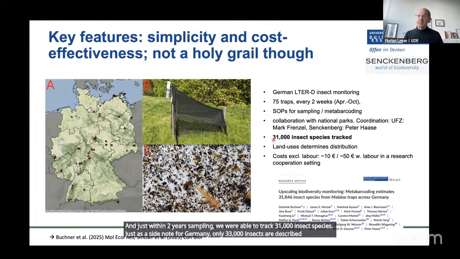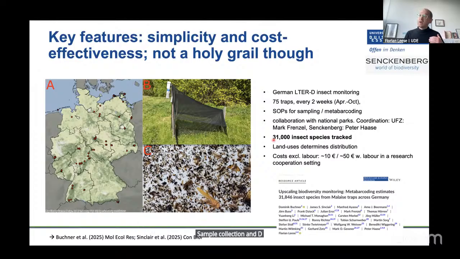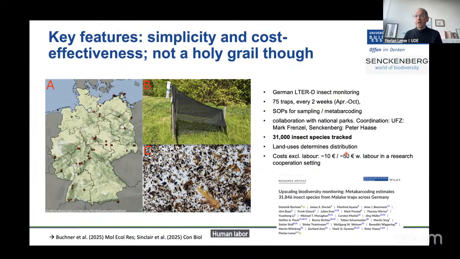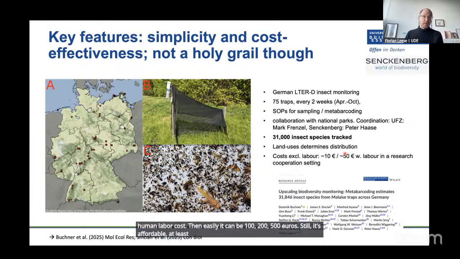So with that fantastic sample collection and DNA-based assessment tool, we can assess almost the majority of the insects occurring in Germany. And the costs, just the laboratory costs, are quite low, 10 euros. Then, of course, you need human labor cost, and then easily it can be 100, 200, 500 euros. Still, it's affordable, at least compared to traditional assessment methods.